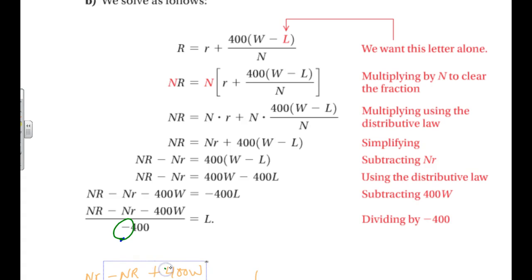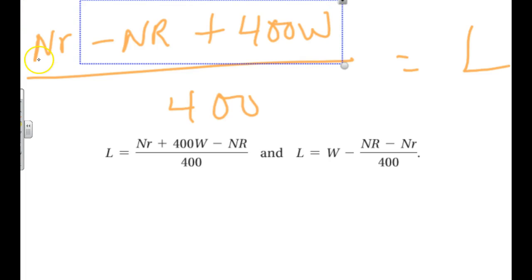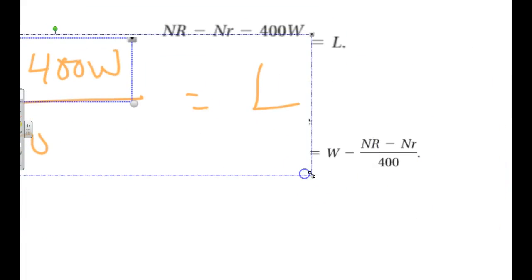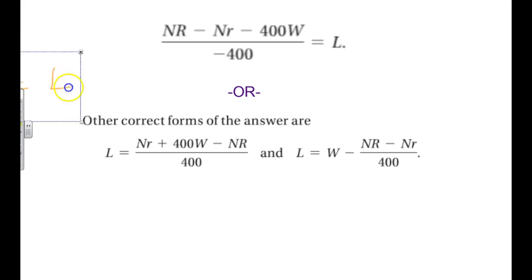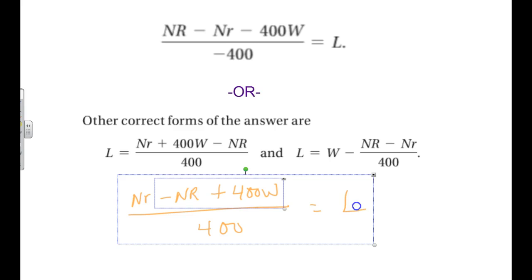So let's see. Very hard to do without a mouse. There it is. So for NR, all they've done is just written it again, using the commutative property here.